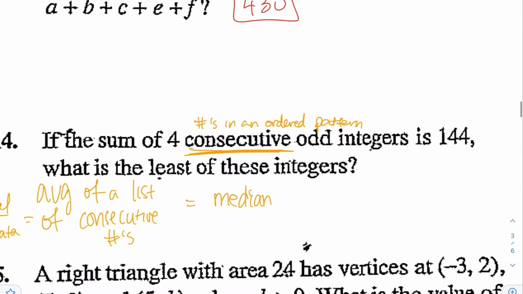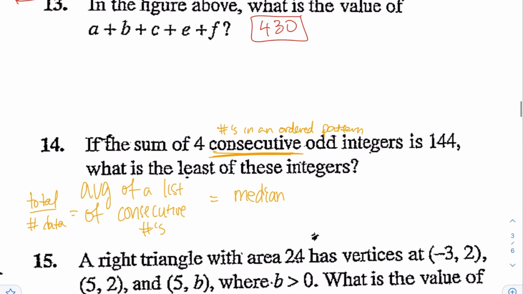So in this case, you know that the total is equal to 144, and the number of numbers in this case is equal to 4. So if you just do 144 divided by 4, you get that the average will be 36.